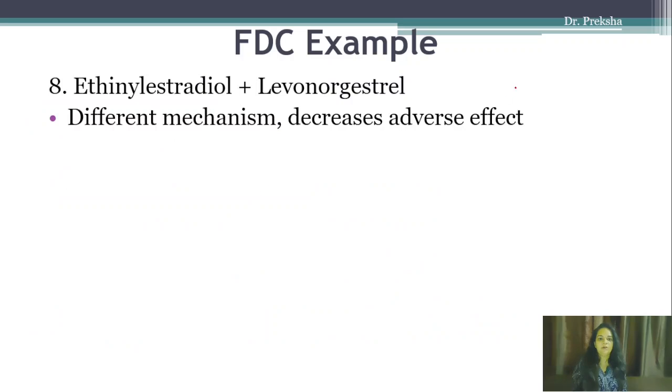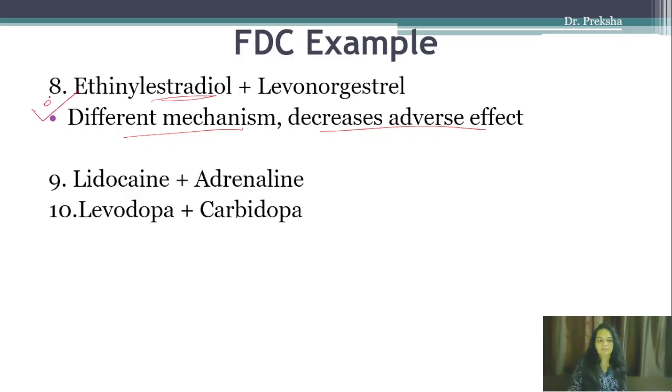Ethinyl estradiol plus levonorgestrel. These two drugs have different mechanisms and they decrease the adverse effects of ethinyl estradiol. So this combination is a rational FDC. Lignocaine plus adrenaline. Adrenaline will increase the availability of the lignocaine at the local site where you want to give the local anesthesia.